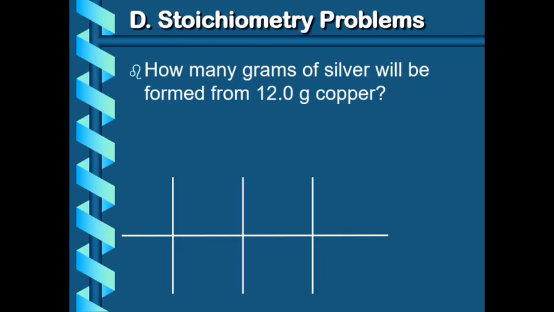How many grams of silver will be formed from 12 grams of copper? Now this question does not give you enough information to write out the balanced equation, so I'm going to go ahead and give you the balanced equation, and then we will work through the problem itself.